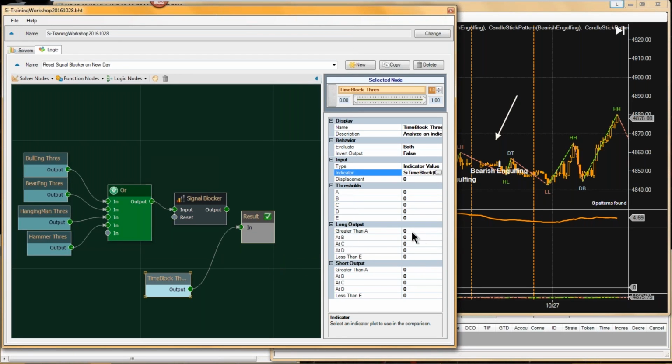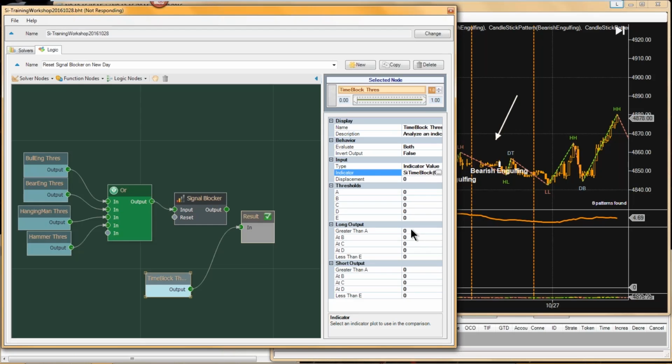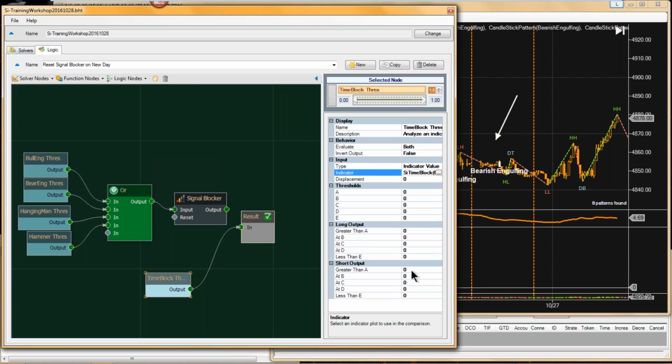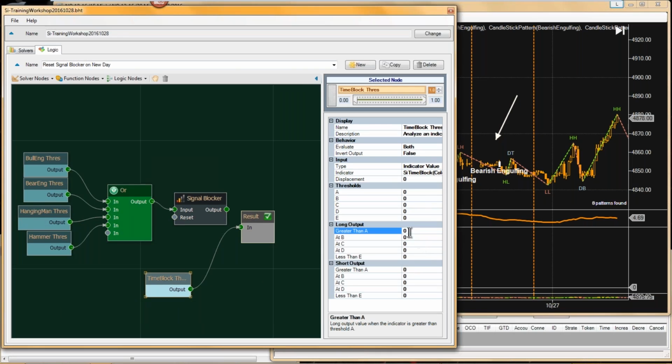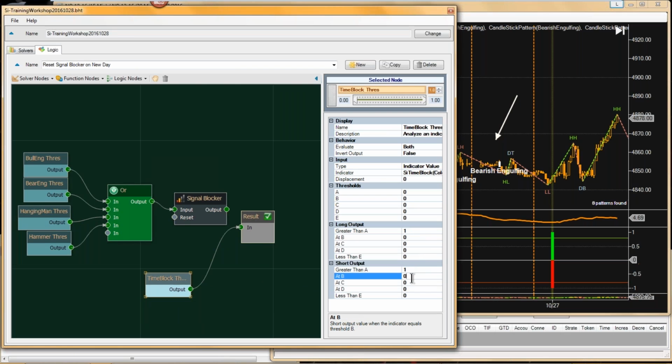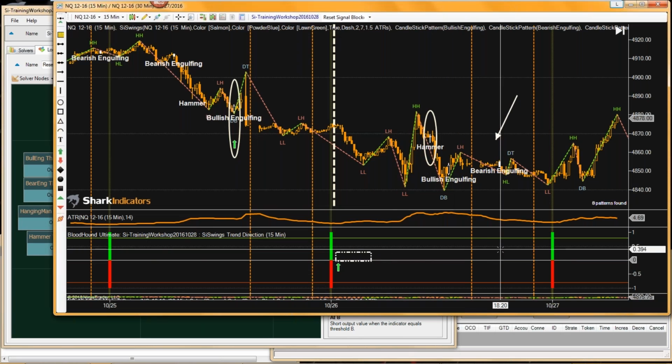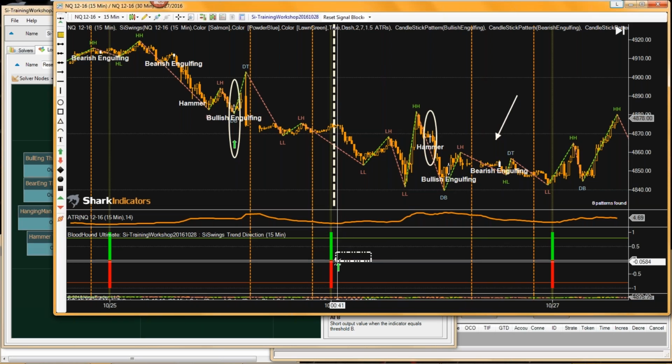We're just using the first bar of the day. And then we want to get an output here. And NinjaTrader needs to think about this for a moment. All right, and there we go.